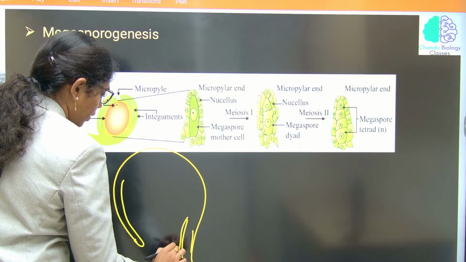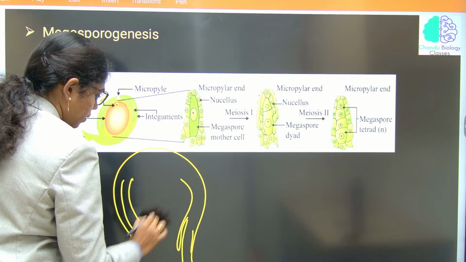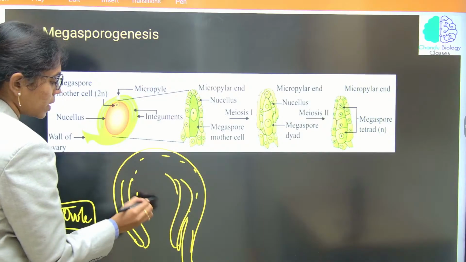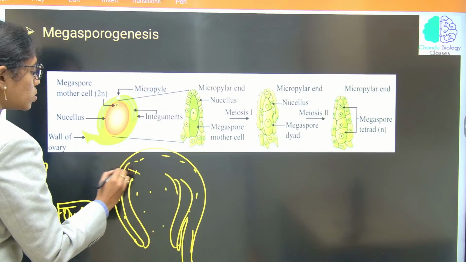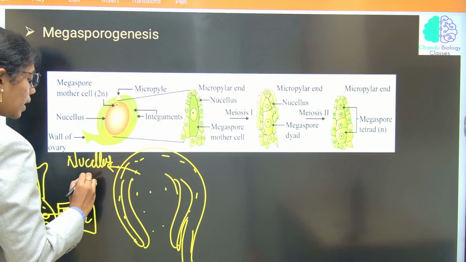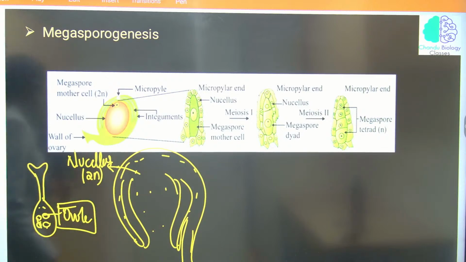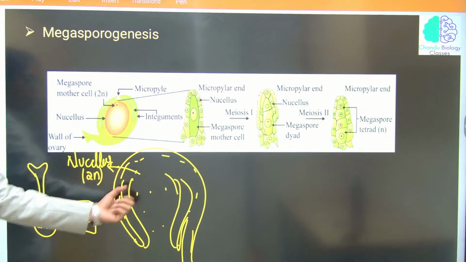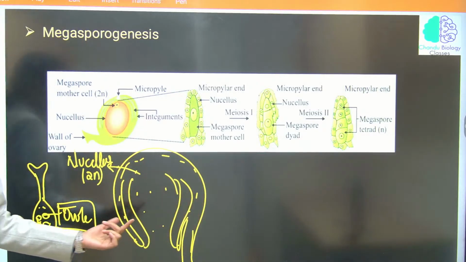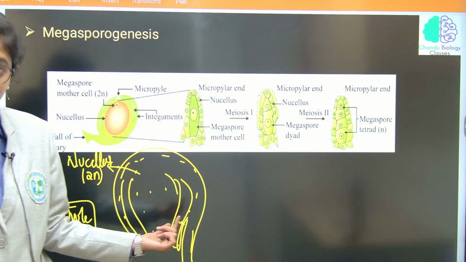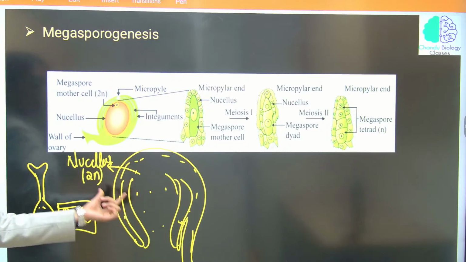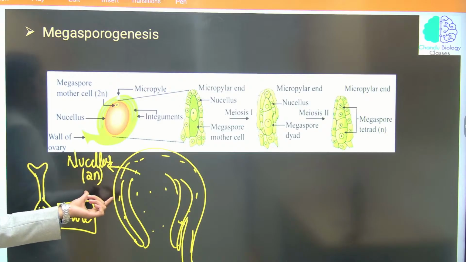The complete cells which are present inside the ovule are known as nucellus, whose ploidy is diploid. Listen carefully: in most angiosperms the ovule is inverted and bitegmic, covered with two integuments. It has a funicle, the stalk of the ovule, attached to the ovule body by the hilum. Inside the ovule body you have nucellus cells, which are diploid.